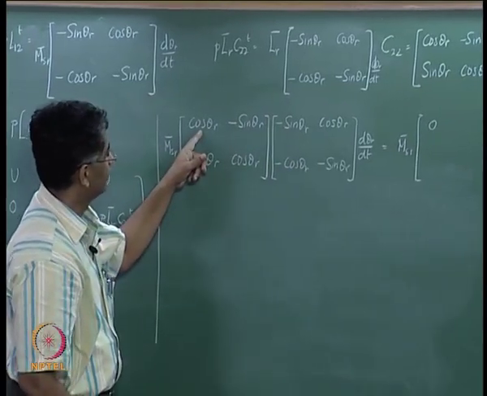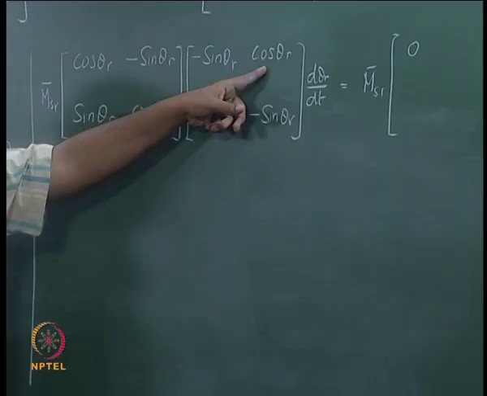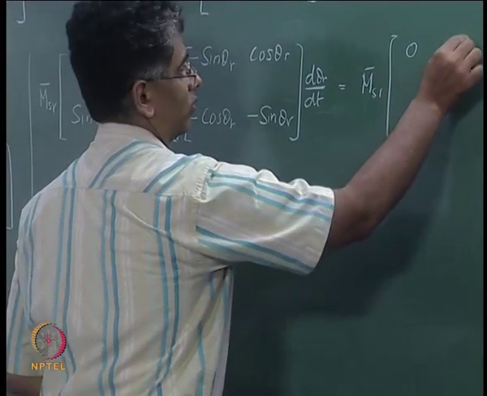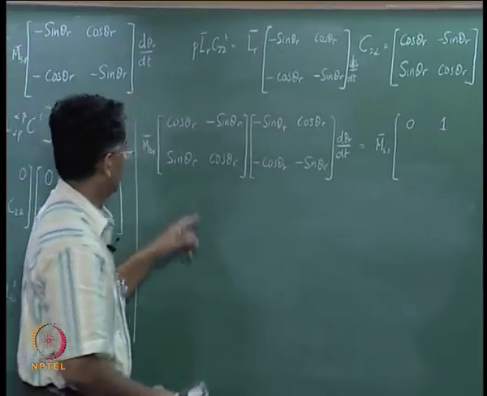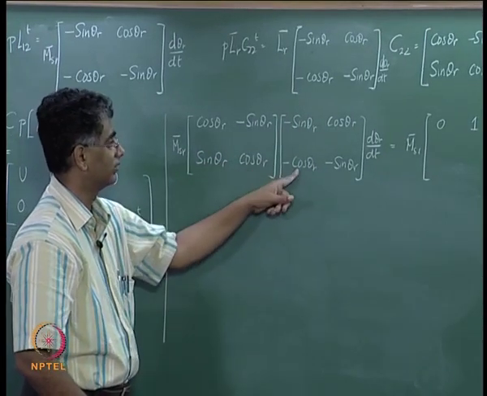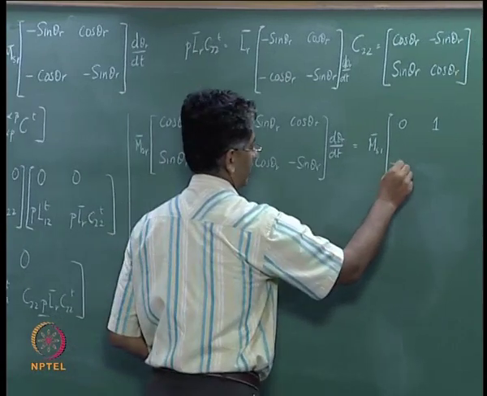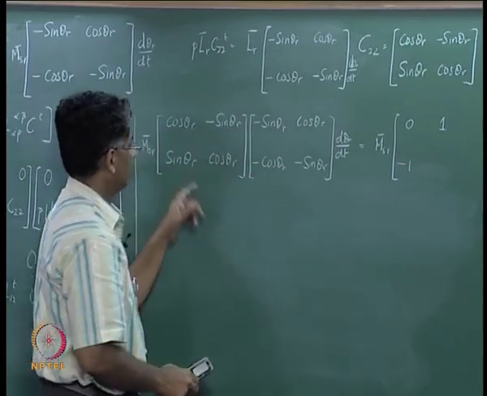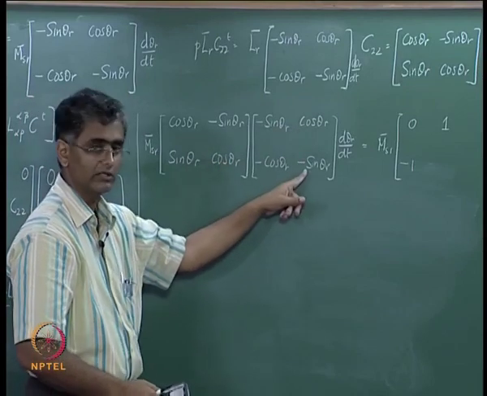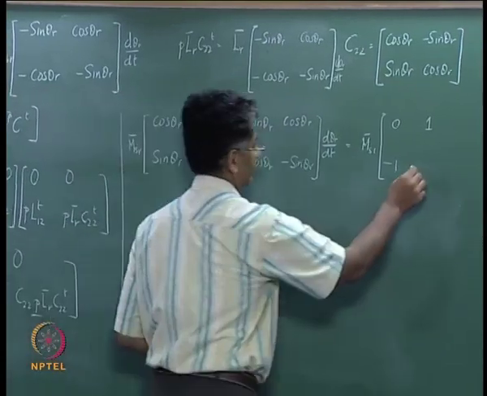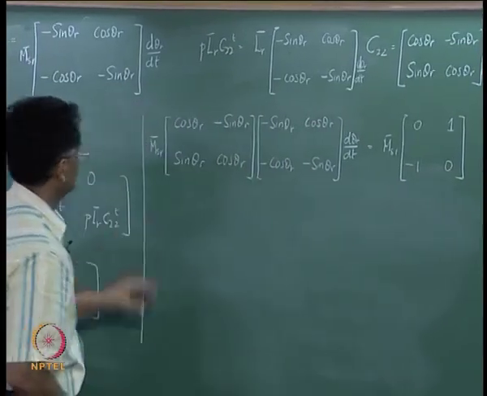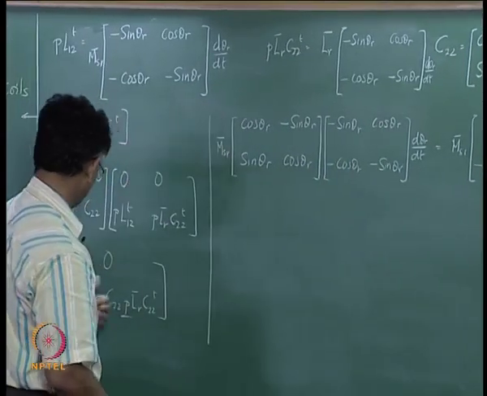The second term gives you cos square theta plus sin square theta, and that is 1. This term gives us minus sin square theta minus cos square theta, therefore this is minus 1, and the last term gives us sin theta cos theta minus sin theta cos theta, therefore this is 0.